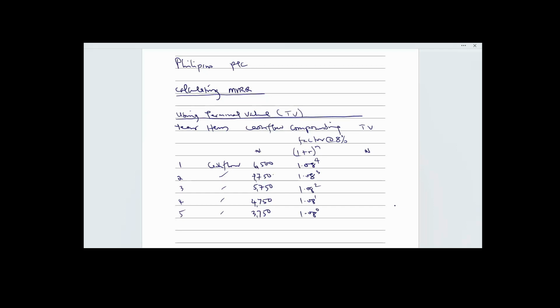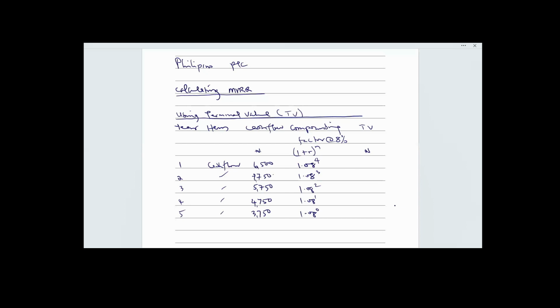Another way of doing it is that, to get your compounding factor, you can say 1 plus r raised to power n minus 1. N is the useful life of the project. The useful life of this project is equal to 5 years, isn't it? So I would say 5 minus year 1, which gives me 4.